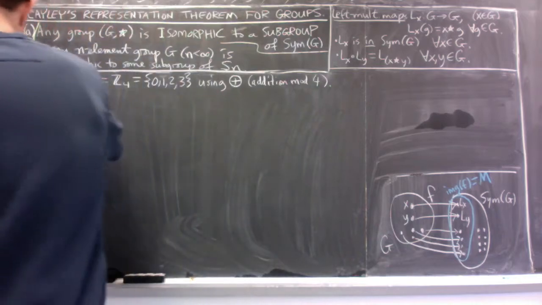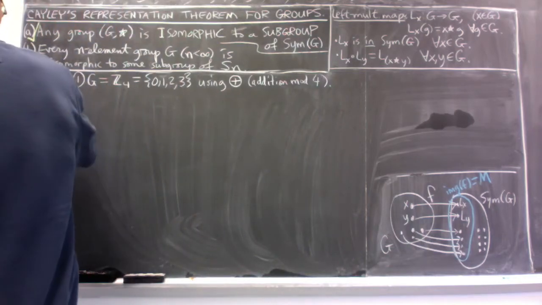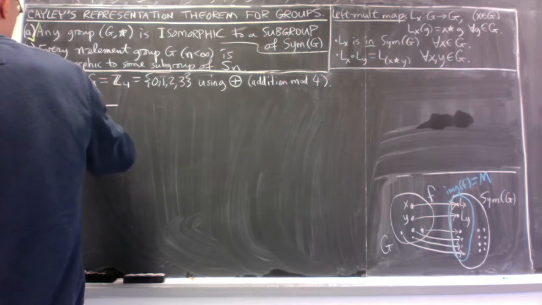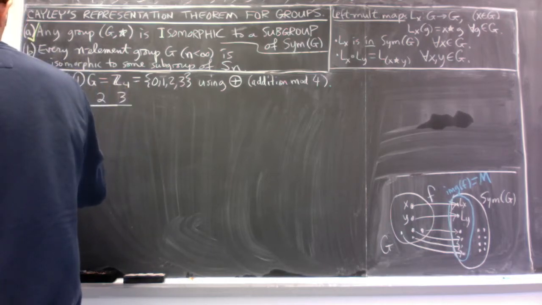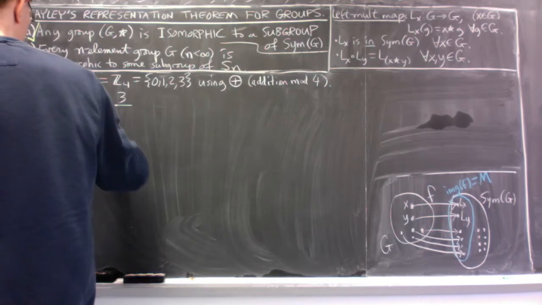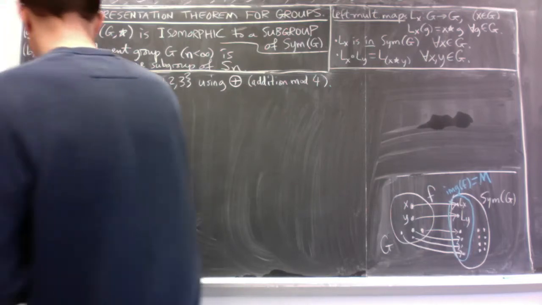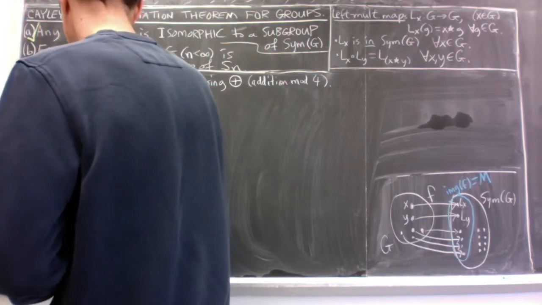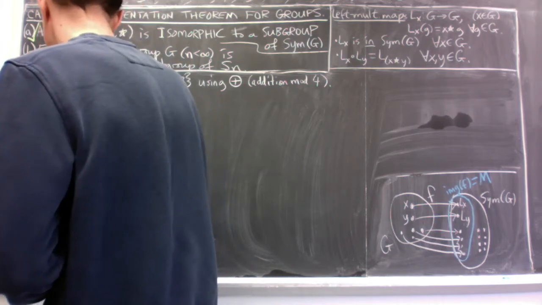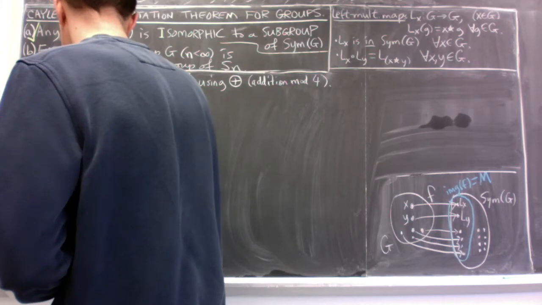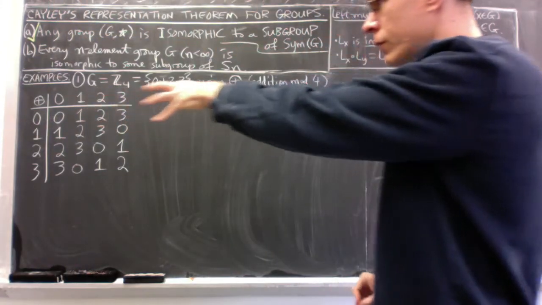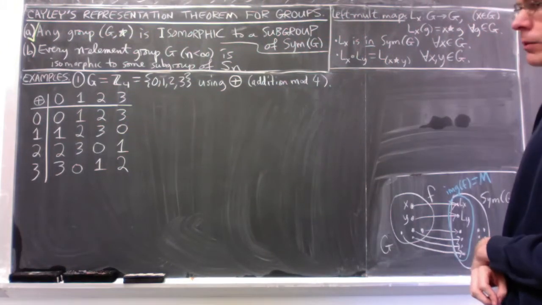But the way we're going to get this isomorphism, let's just go ahead and recreate this table one last time, the addition table mod 4. And by now you're used to the cycling of the rows that lets you quickly create the table. Each row is a cyclic shift of the one above it.